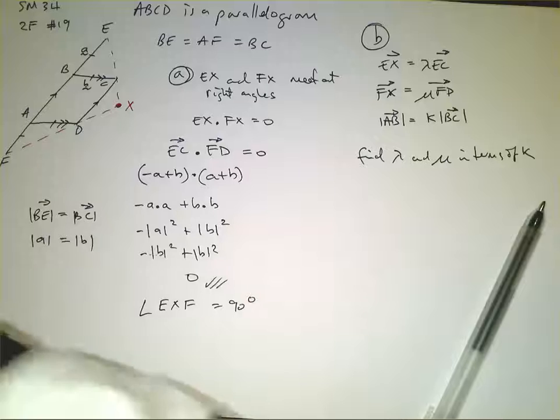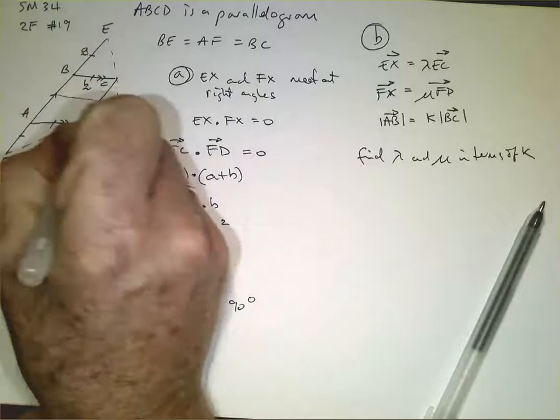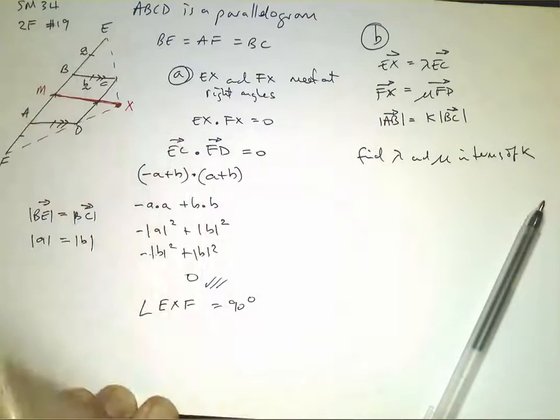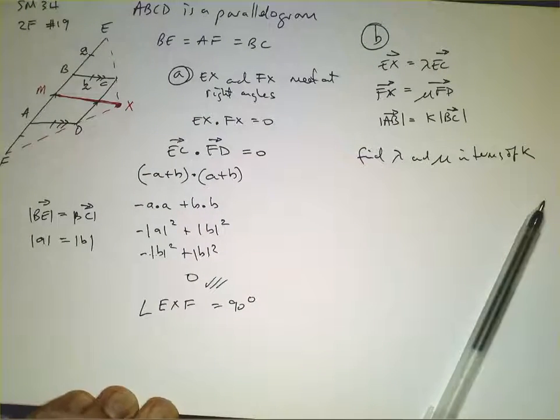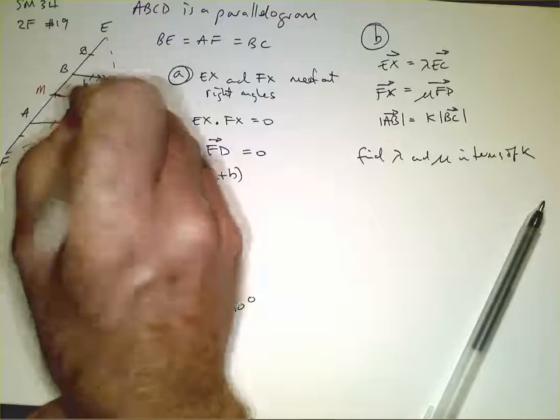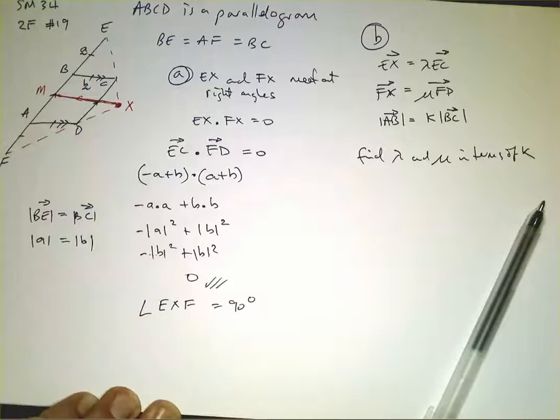Okay, I'm going to put a line across here. I'm going to call that M. And I'm going to make M parallel to both BC and AD, so it's going to be a parallel line across there.